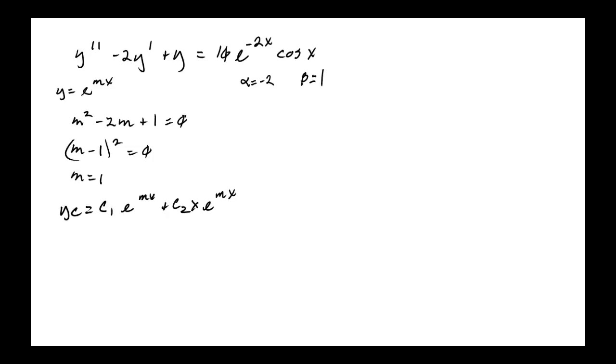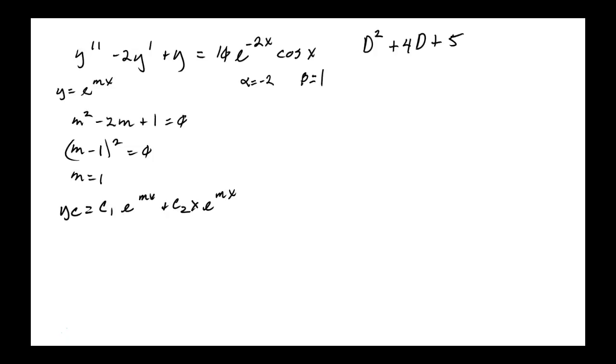So that makes your annihilator for this side to be d squared minus 2 alpha d, but alpha is minus 2, so plus 4d, and then your alpha squared is 4 plus beta squared is 1, so that's going to be plus 5. All right. That's your differential operator that's going to do your annihilating for you.